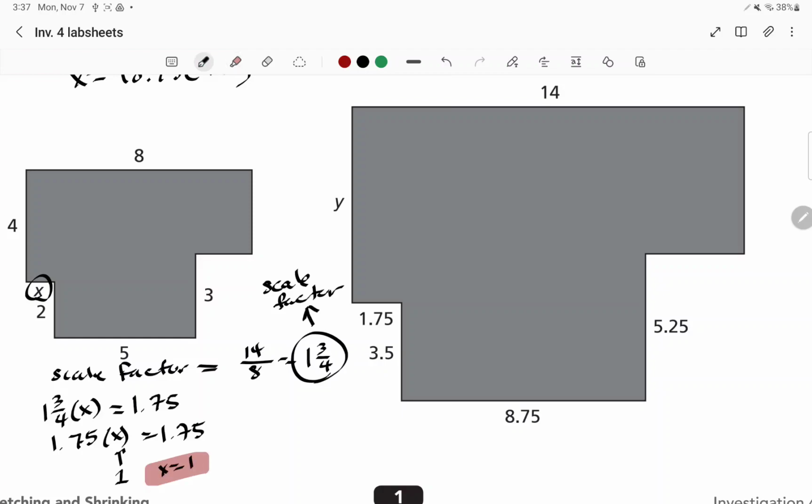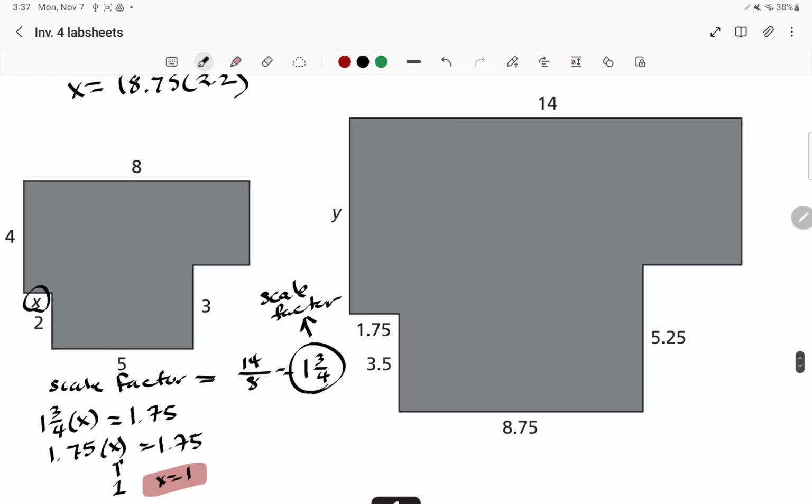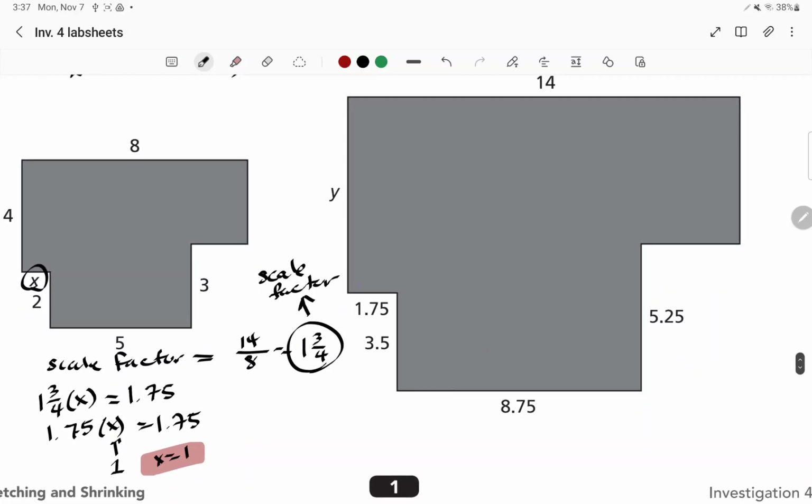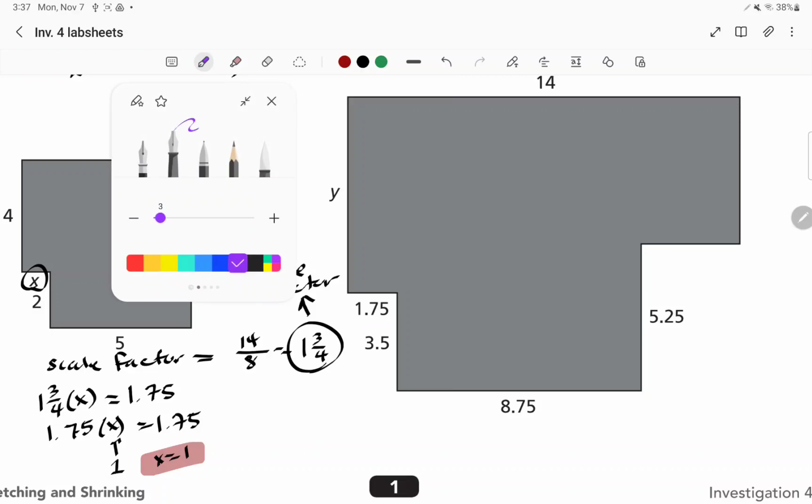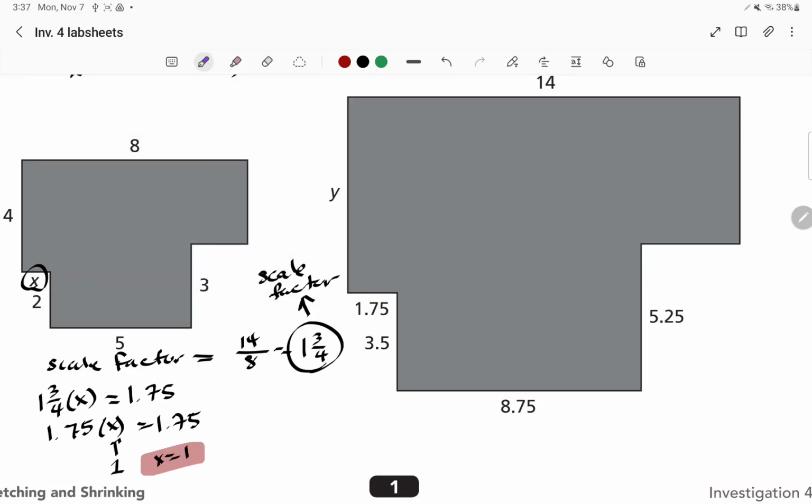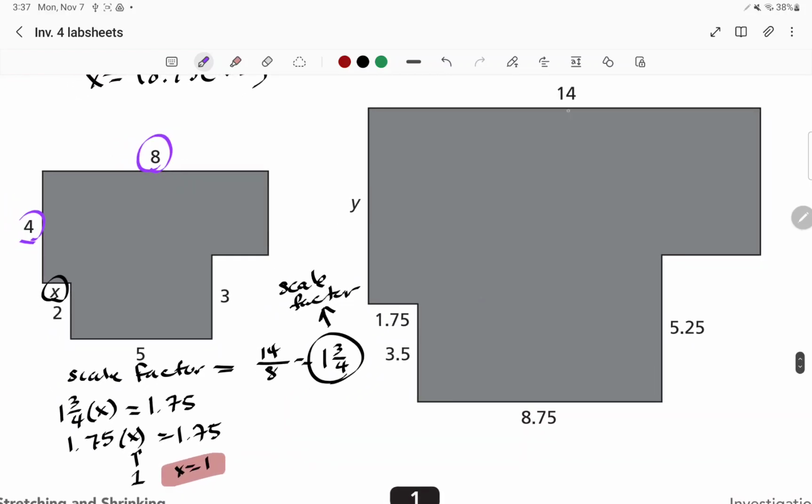And then your y, you know that the scale factor is 1.75, but let's just do this a different way. I'm going to find y using ratios. For example, I'm going to take 8 to 4, and the corresponding sides would be 14 and y.